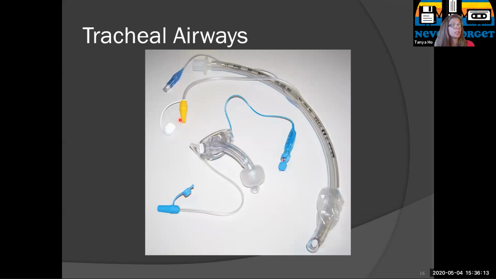In this particular model, there's a tube that goes down, and above this cuff it has a port here. You hook this up to suction, and it will suction secretions that sit above the cuff. They call it subglottic because it's below the glottis and above the cuff of the endotracheal tube. Some of the endotracheal tubes have that.